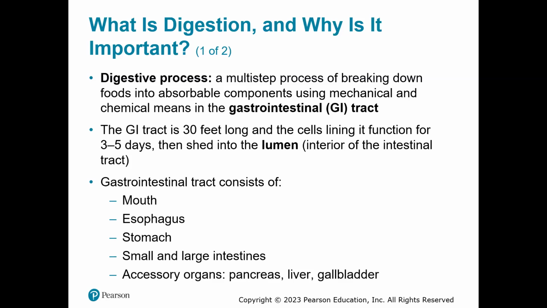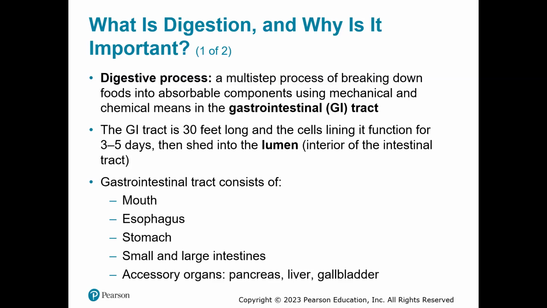And that's basically where we've finished the process of digestion and absorption. And then after that, we still have the waste products of digestion that have to pass out of the body. Those will leave the body as feces through the rectum and then the anus.